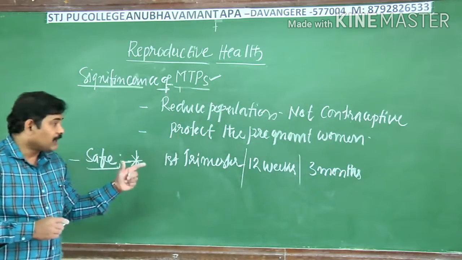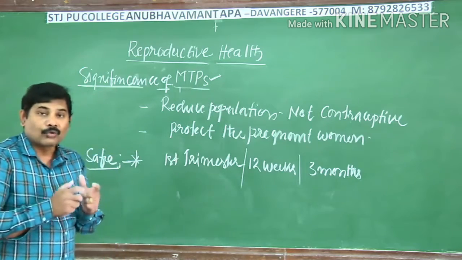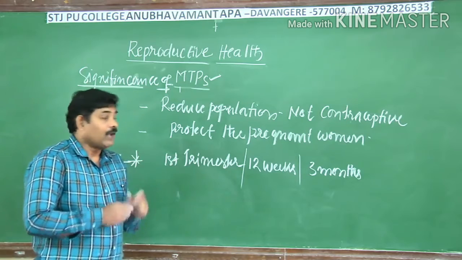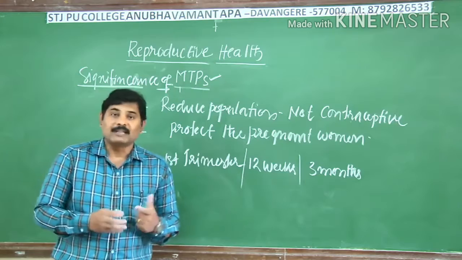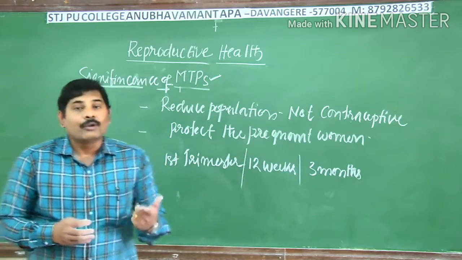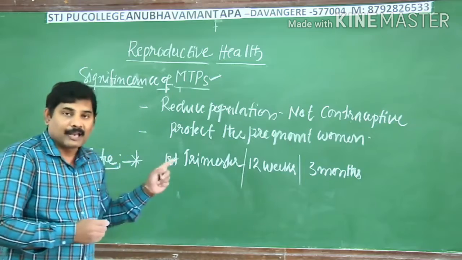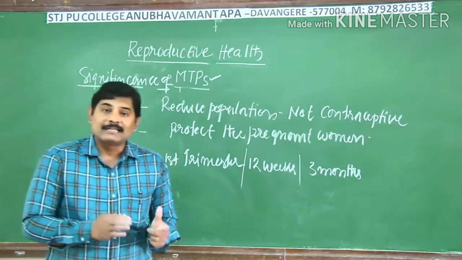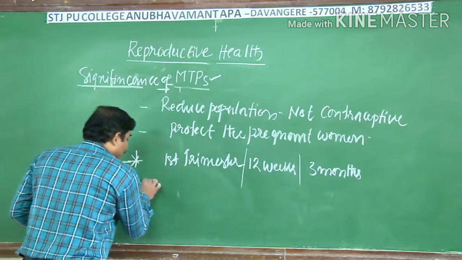And that too, as I said, has some conditions. Only under certain conditions should they go for termination of the pregnancy. Beyond the first trimester, that means in the second trimester or beyond 24 weeks of the pregnancy, if you go for this termination, it may lead to health disorders, and it can even be fatal to the mother.